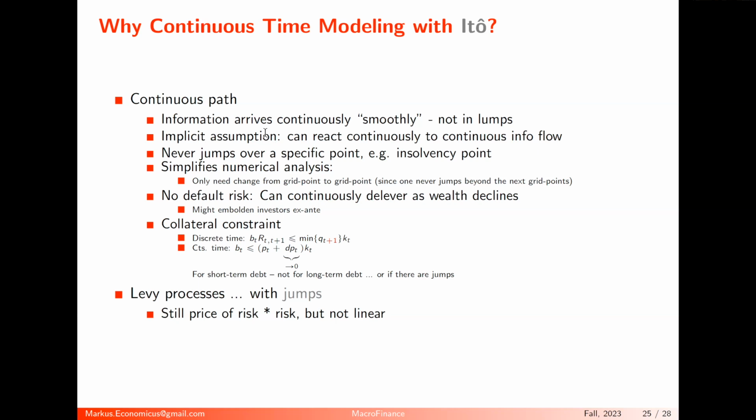And so the beauty of this is that things never jump. For example, if you make losses, you can delever. As you make losses in a continuous way, you can delever. So your wealth goes down towards 0, but it never jumps to -5. You always go continuously, and it's like optimal stopping: I never jump into the default region, because I might go to 0 and then I'm defaulting, but I never jump to -5.